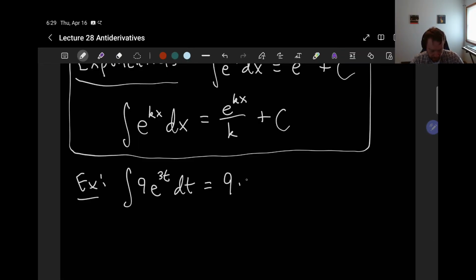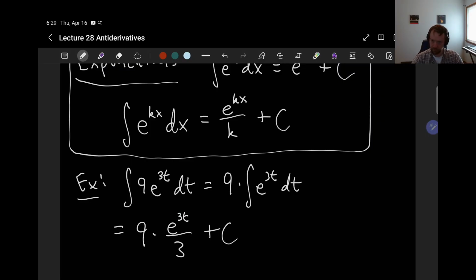Right, so we can bring that 9 out. And then take this antiderivative. That would be itself divided by that 3. Don't forget the plus c. And then you get a little canceling here with the 9 and 3.